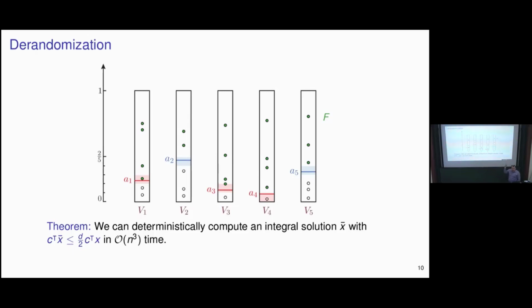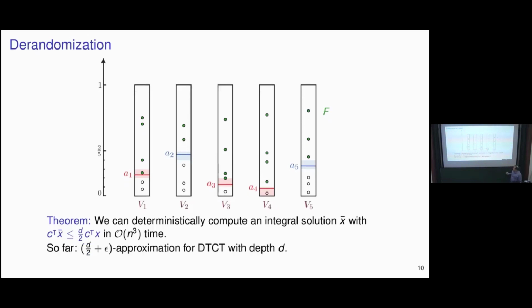And then in these groups of 2 and 3, we can also just compute in n to the 3 time the optimal thresholds inside. So we can easily derandomize this. But it's not good enough because it only gives us a d over 2 plus epsilon approximation, because we can only approximate the LP. We don't get this x in polynomial time.